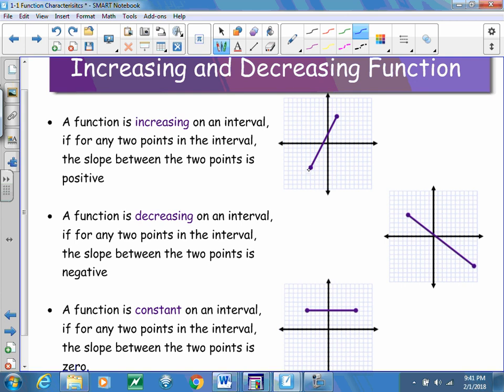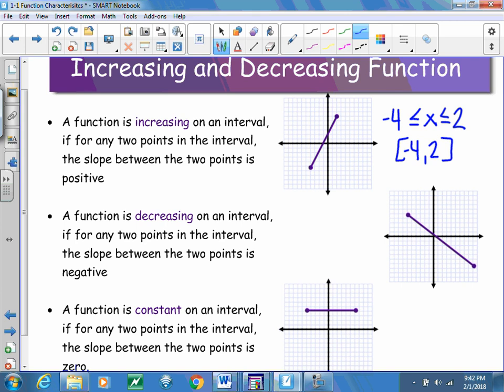We are increasing from point A to point B. If we were to look at that slope right there, it's a positive slope. So where is our graph increasing? It's increasing on the interval from -4 all the way over to +2. If you wanted to, you could use interval notation. If you don't want to use interval notation, inequalities are fine too.